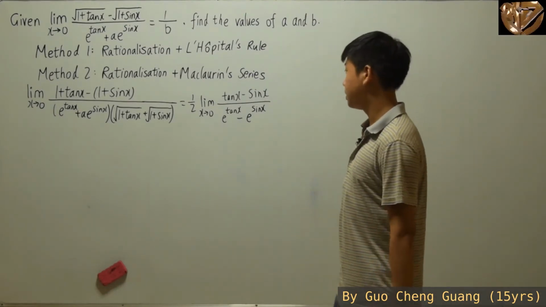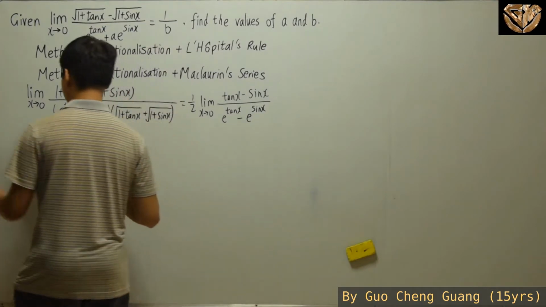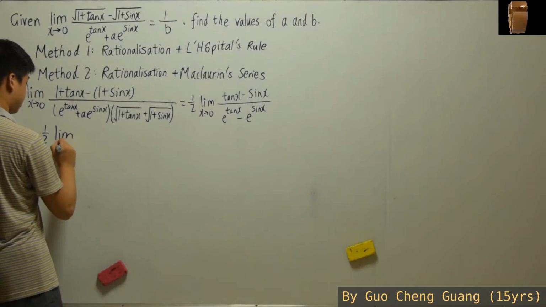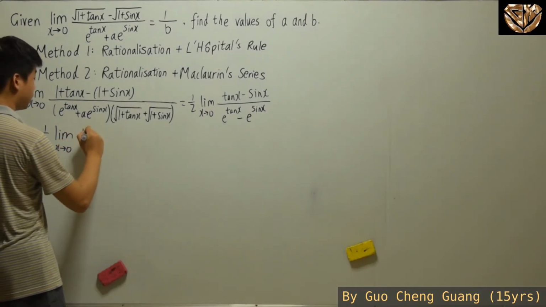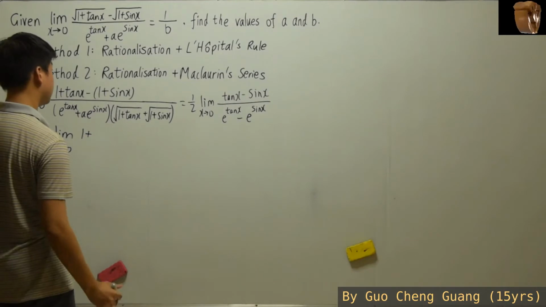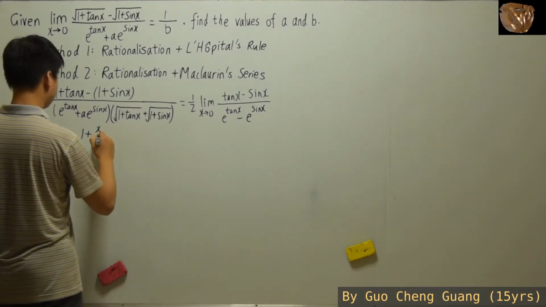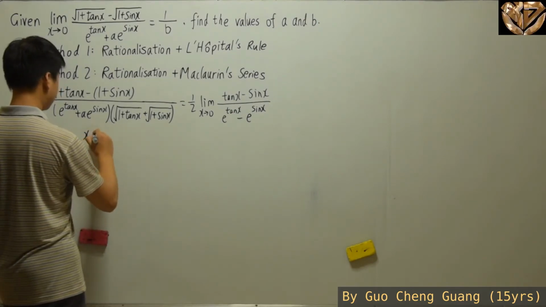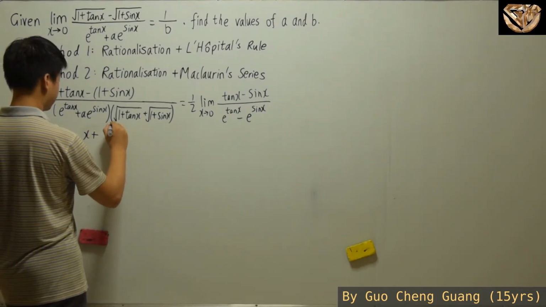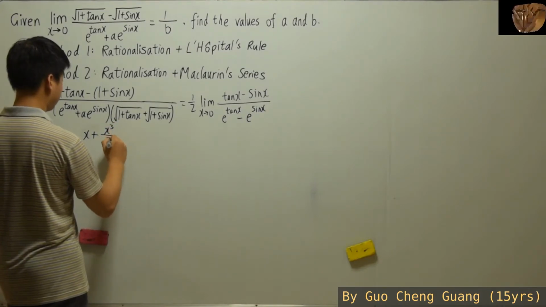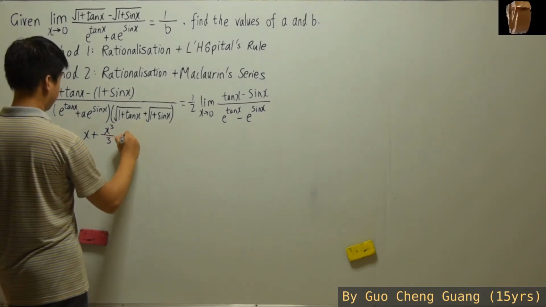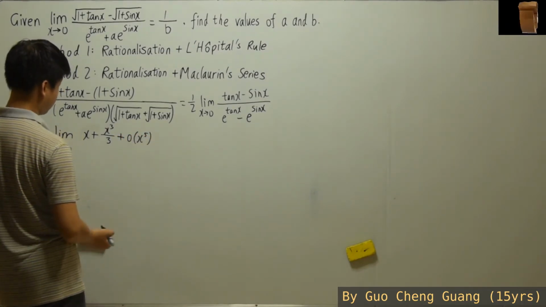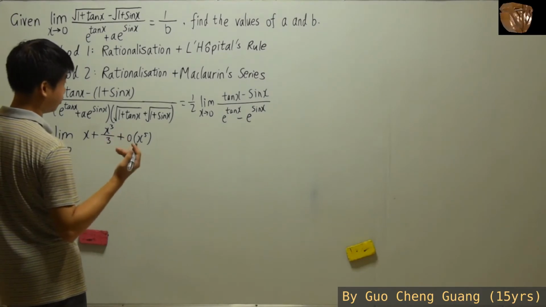Next, we will be using the Maclaurin series. The Maclaurin series for tangent: you will see x, whoops, it's an x, not 1, and then you add x cubed divided by 3, and then all the other terms with x to the power of 5 and above.